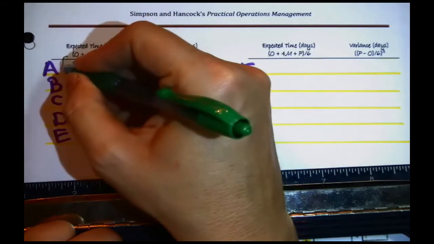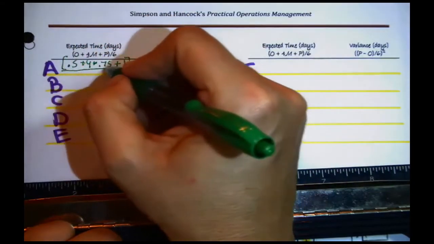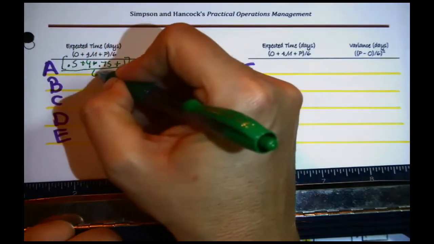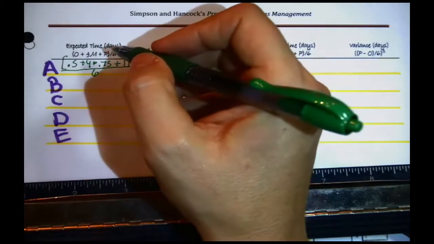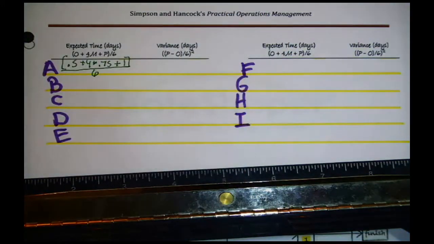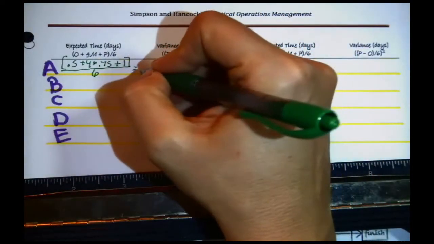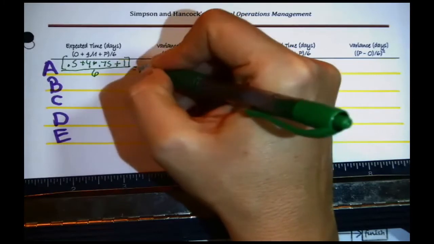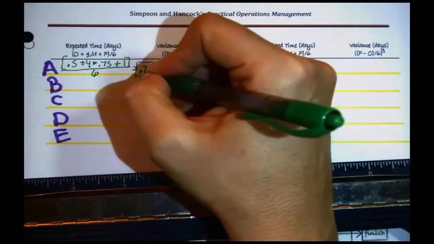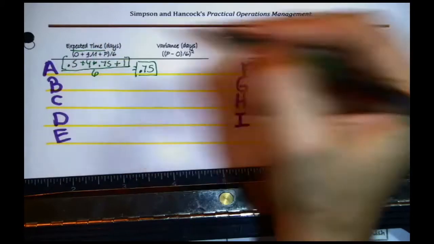I do all that in the numerator. I divide by 6 because it's essentially a weighted average. And what did I get? I got 0.75 back again. Okay, 0.75. That's the expected time for A.